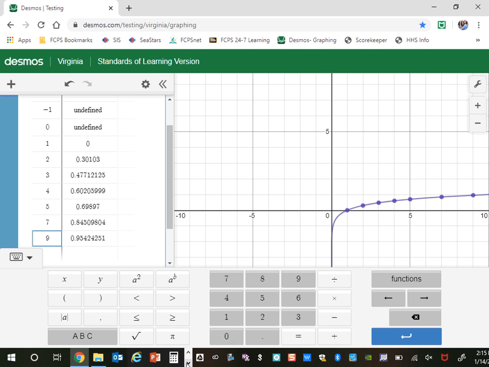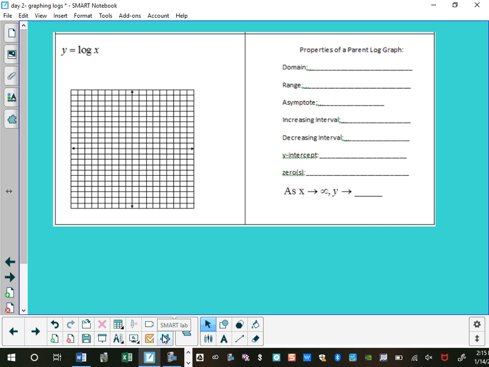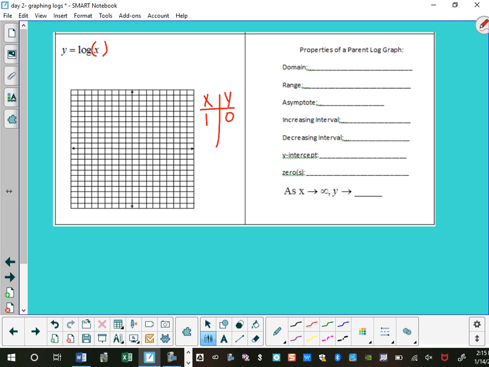Once again, I'm just sketching it. I have 1, 0, 3, 0.47, 5, 0.69. I'm going to make my axis a little darker so I can see it.